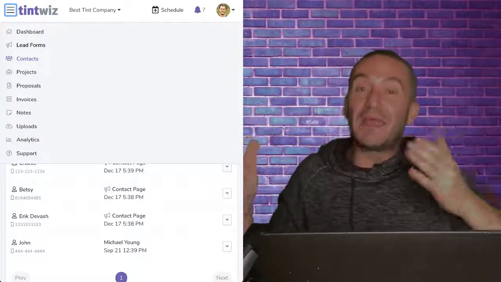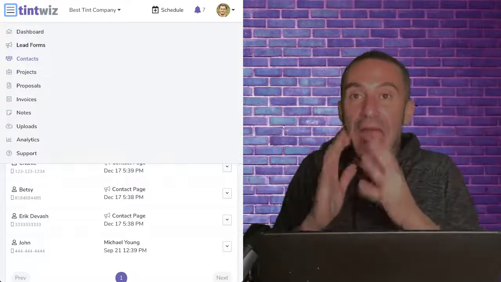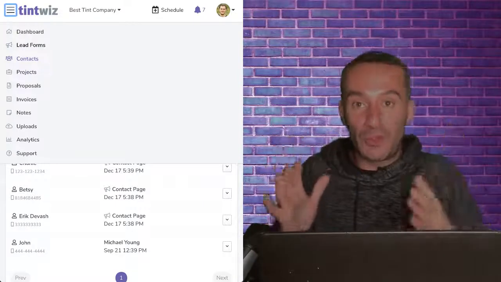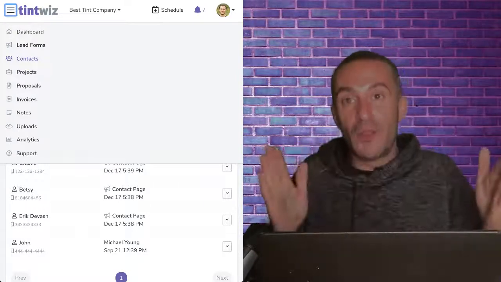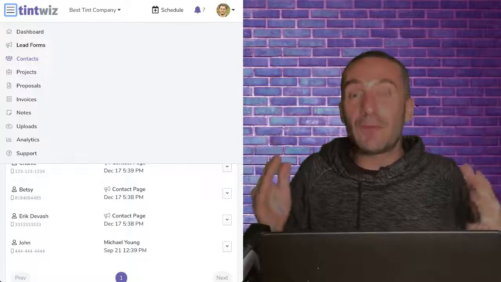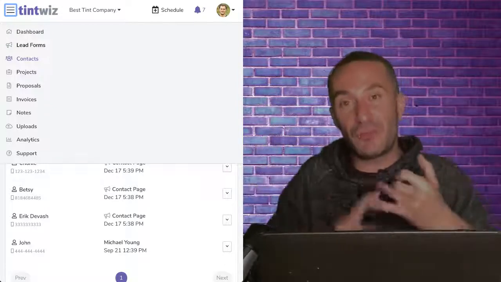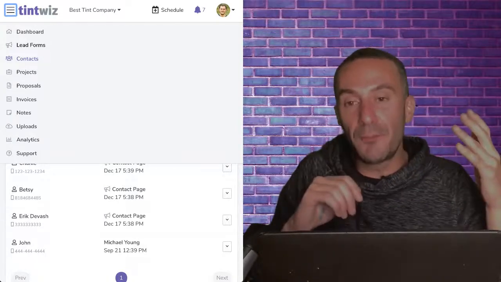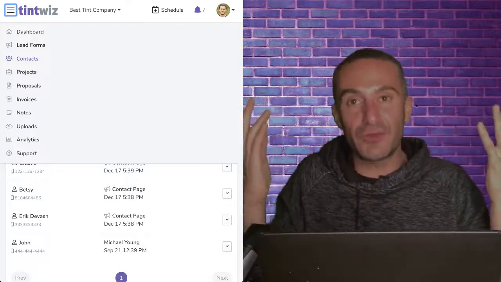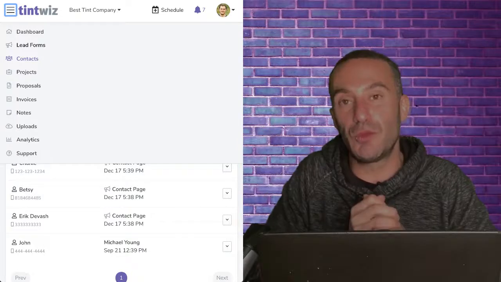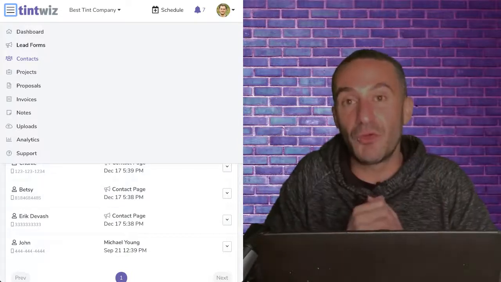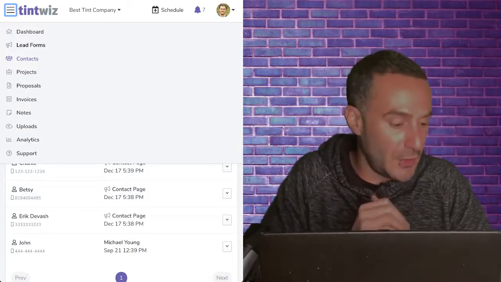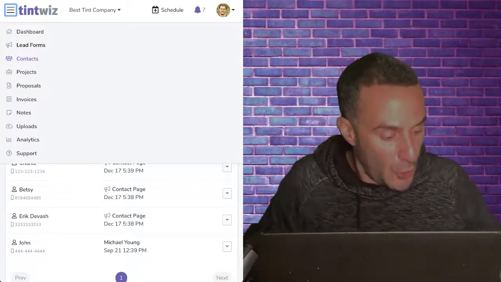But the idea is really fine-tuning this app and the process for window tinters to take them all the way through lead to sale in the absolute best way for them, for efficiency, for scalability, for their customer satisfaction, and so on. And for that, it takes focus. So that's why we're 100% in window film, and Tint Wiz is a window film app for window tinters. And really looking forward to where this goes.